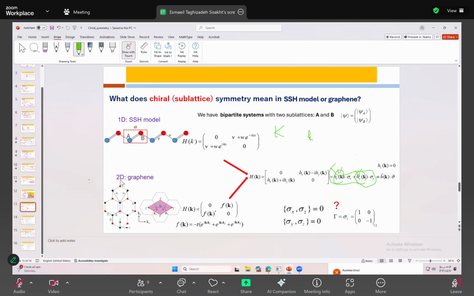So in the K valley, we have a left helical state and right helical state. In the K prime valley, we also have a left helical eigenstate and right helical eigenstate, but they are switched. Valence band, conduction band, they are switched this way.